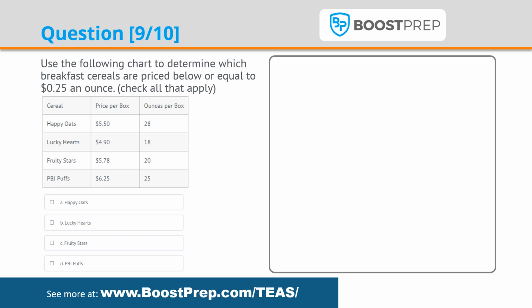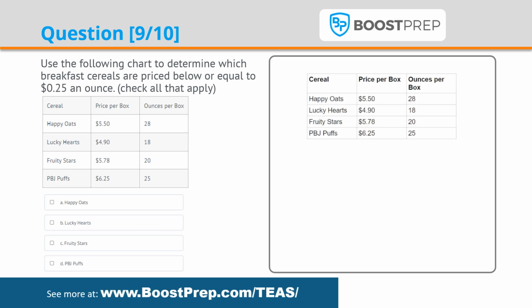Use the following chart to determine which breakfast cereals are priced below or equal to 25 cents an ounce. Check all that apply. To solve this problem, simply look at the price per box divided by the ounces per box. In this case, we divide 550 by 28 and we get 0.196. 490 divided by 18, we get 0.272. 578 divided by 20, we get 0.289.